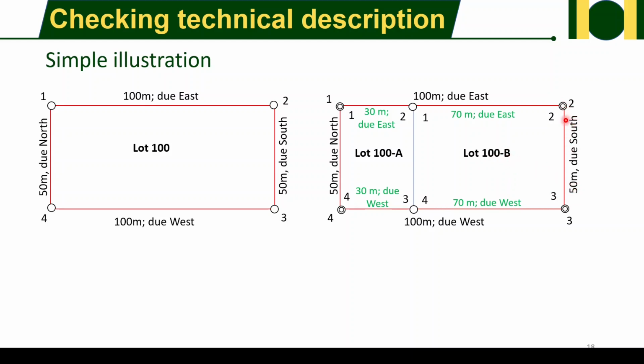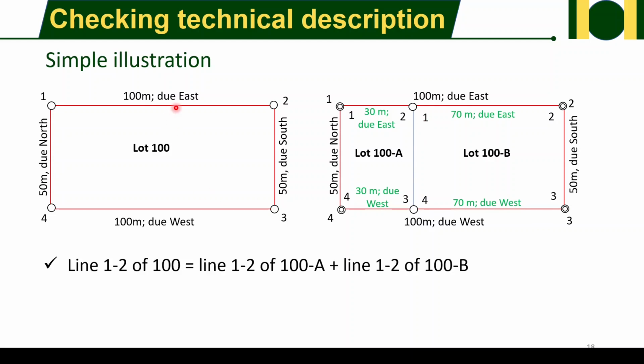It's due south because it's going down. And the bearing of 4 to 1 of B is parallel, so it would be due north, and it's also 50 meters. So that is how you check the technical description.